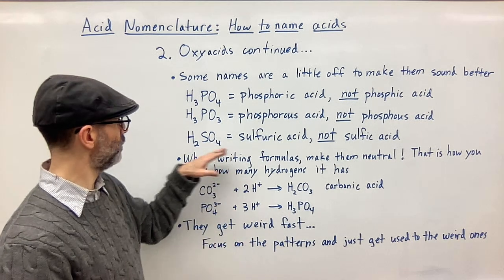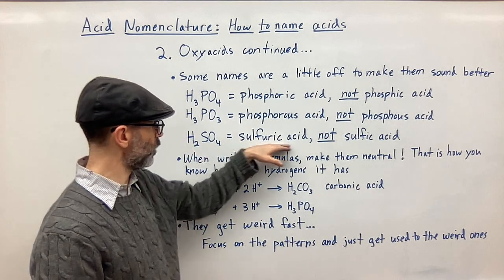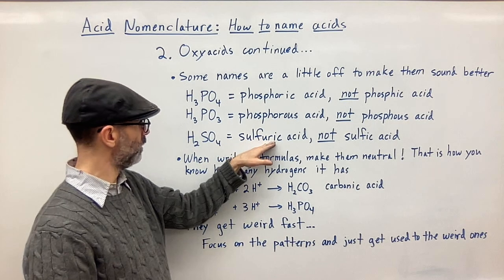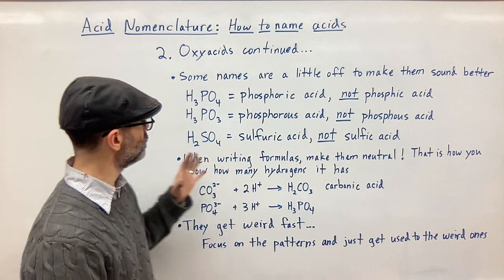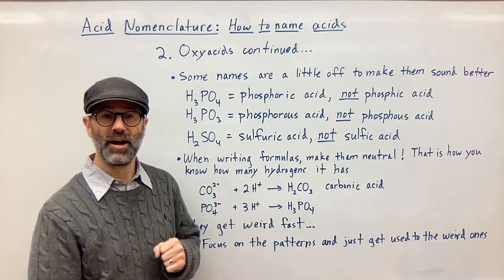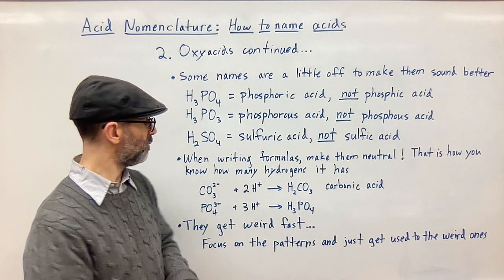But we don't name this sulfic acid, we name it sulfuric acid. So we just keep the name sulfur and then add IC at the end of it. So some of these names are going to be a little off, and you just got to remember those differences and memorize those names.